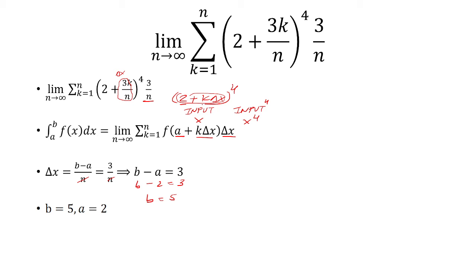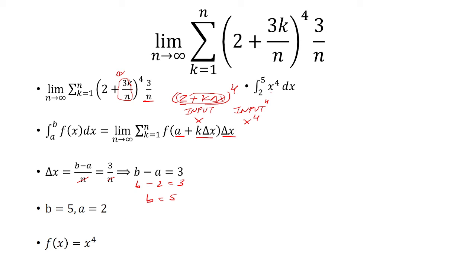So whatever I put in, I get that result raised to the 4th power. So it's clear that my function has to be x to the 4th power. So now I have all the pieces. Recall that I wanted to form the integral from a to b of f of x dx. A is 2, b is 5, f of x is x to the 4th.